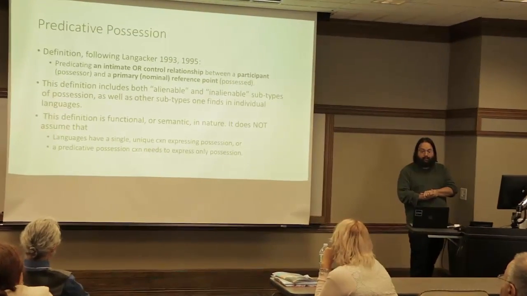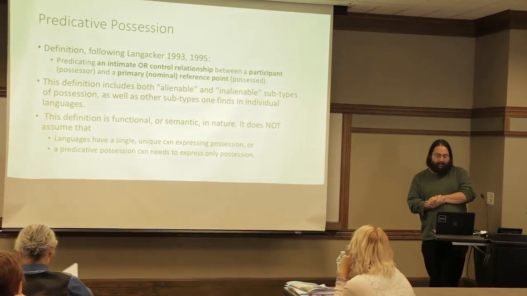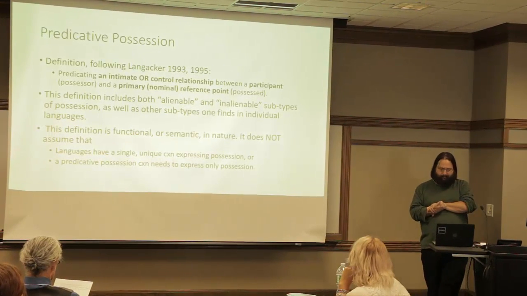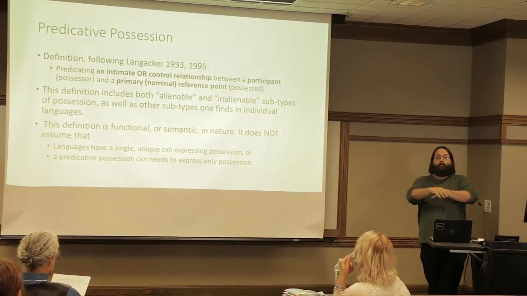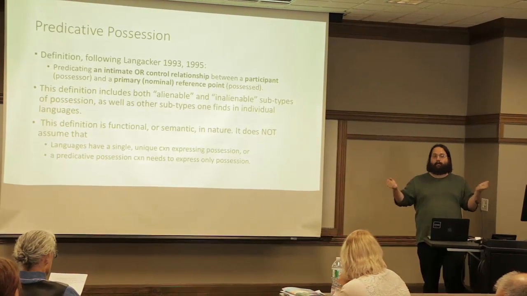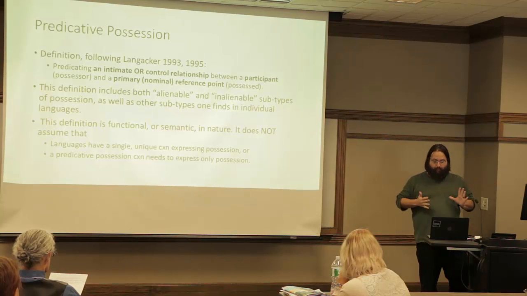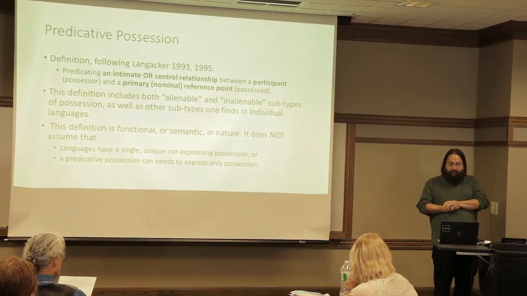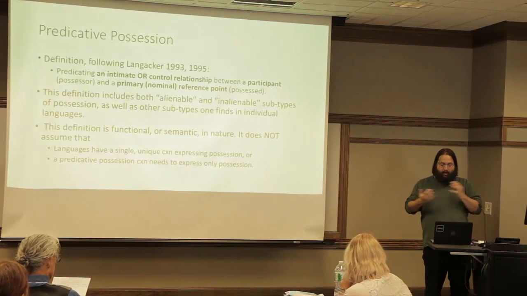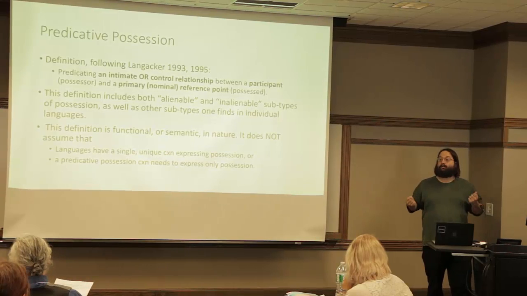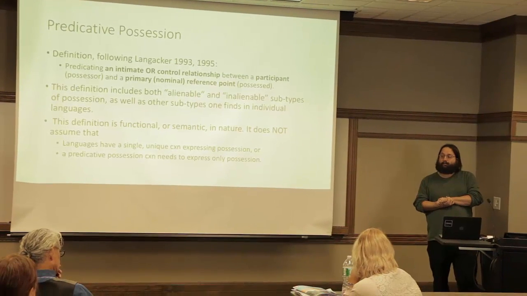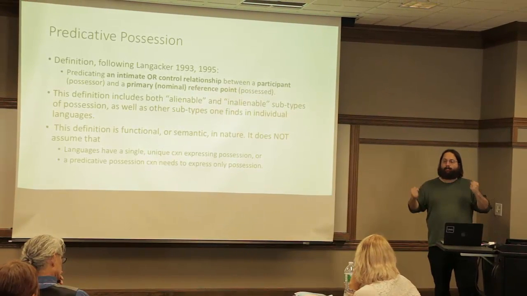Just to note that this definition collapses what people sometimes call alienable and inalienable subtypes of possession into one category. Whether or not languages actually differentiate them using different grammatical mechanisms is beside the point for now. This definition is functional or semantic in nature, and it does not assume that the language has a single unique construction to express possession, or that predicative possession constructions need to express only possession.